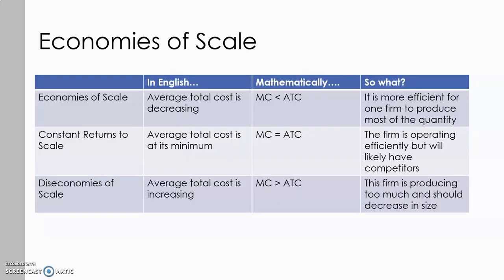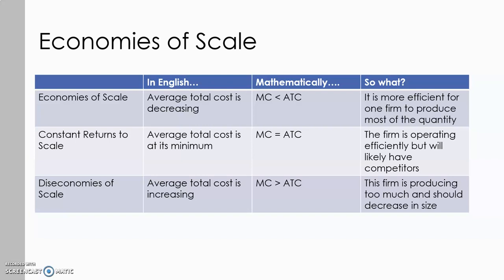Thing to remember, we have three different types of scale. With economies of scale, average total cost is decreasing. That means that we're in a range where marginal cost is below average total cost. Marginal cost drags average total cost down. So it's more efficient for one firm to produce most of the quantity.